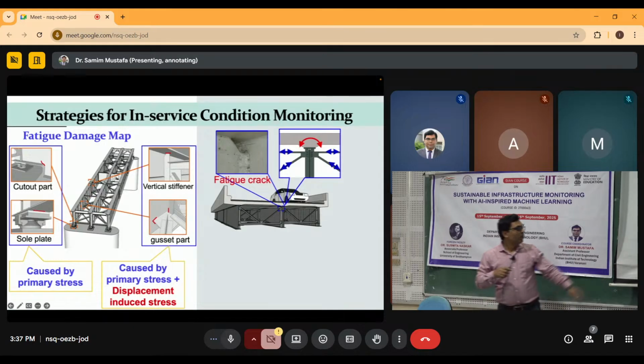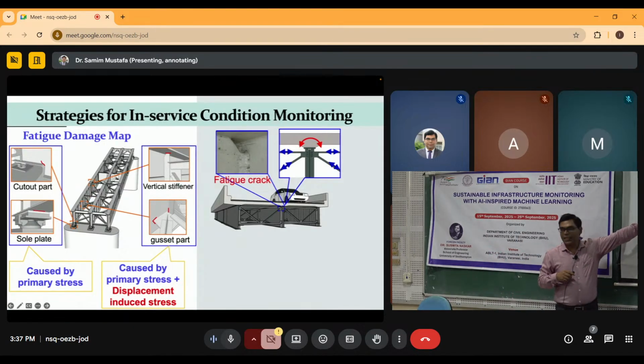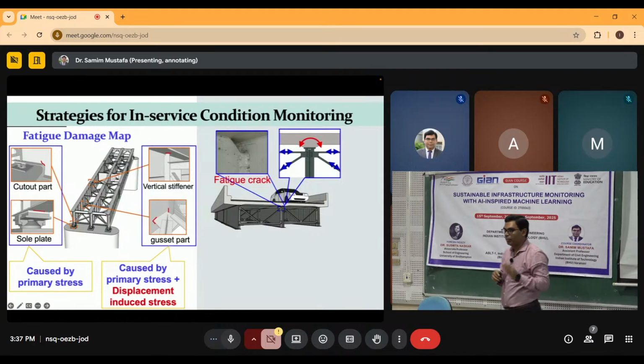Now this type of stress, primary stress, could be overcome by designing the member in a proper way. Means you know the cell point of the entire bridge previously from the design.